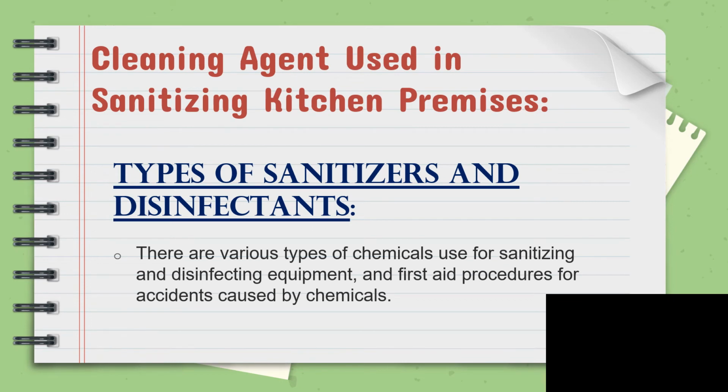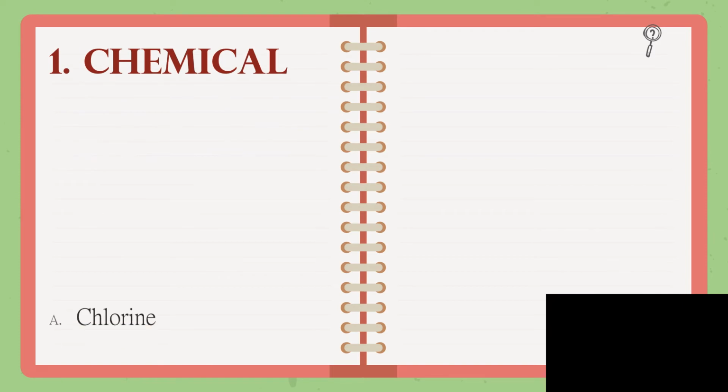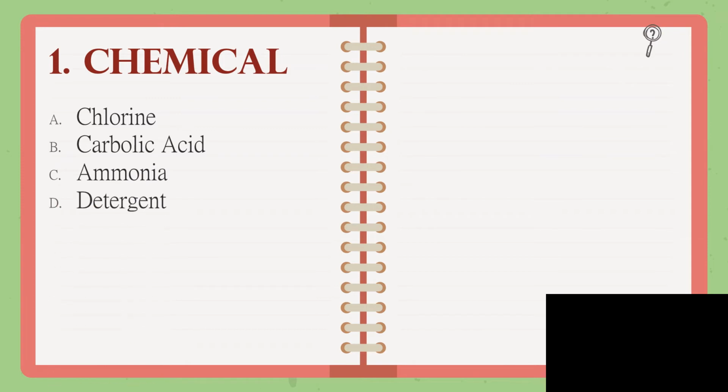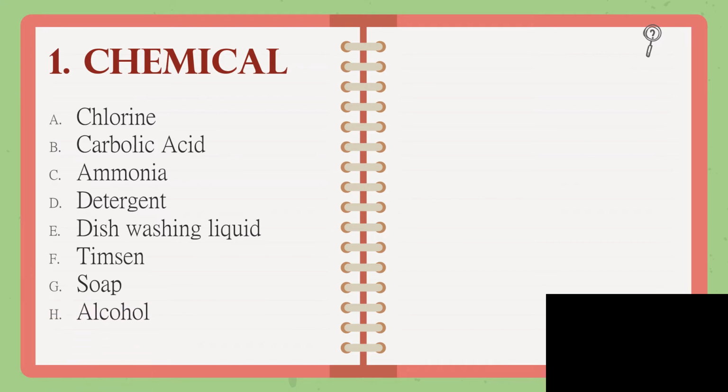There are various types of chemicals used for sanitizing and disinfecting equipment and first aid procedures for accidents caused by chemicals. Okay, chemicals. Ayan, una dyan: chlorine, carbolic acid, ammonia, detergent, dishwashing liquid, benzene, and soap. And also alcohol. And boric acid.